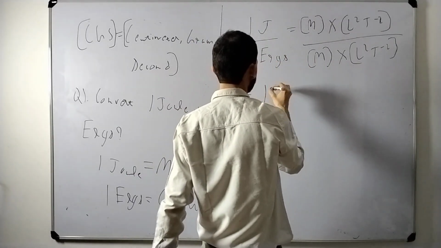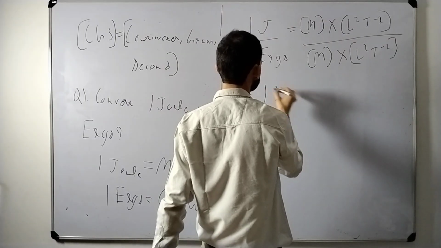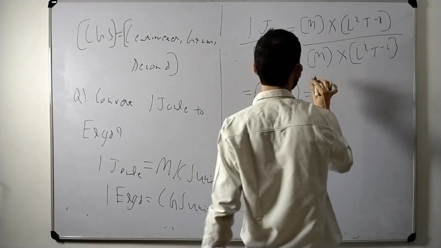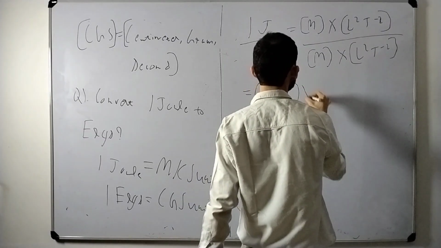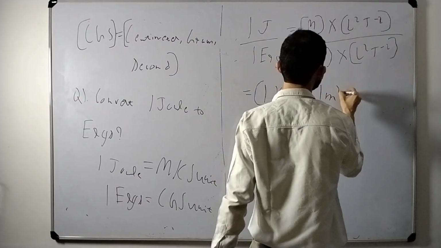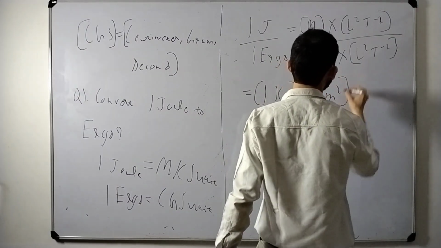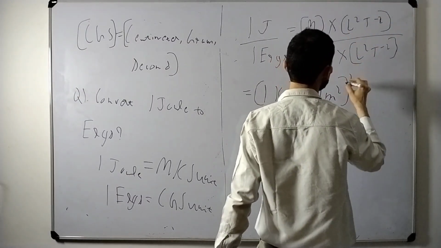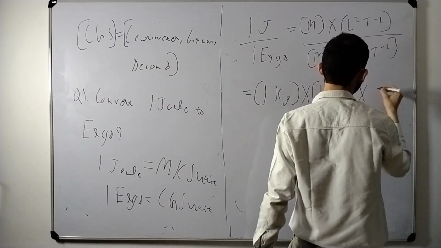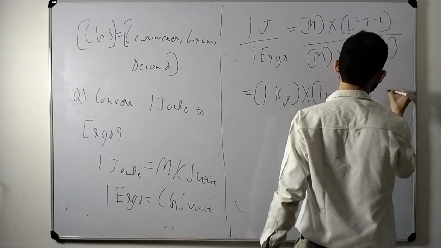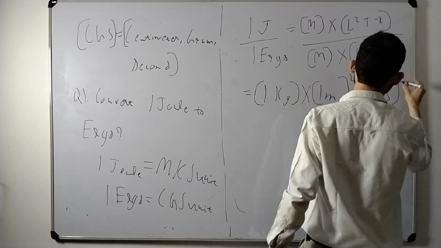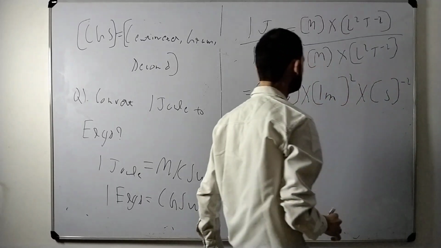Kilogram, 1 kg into length square, 1 meter square, second minus 2. Right?